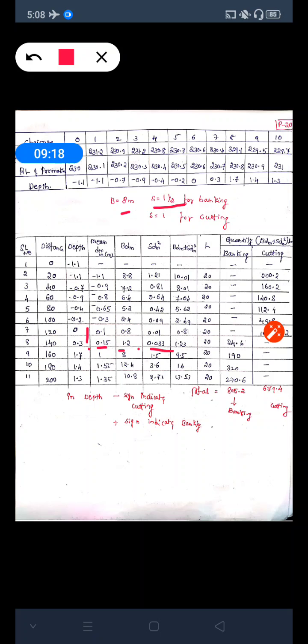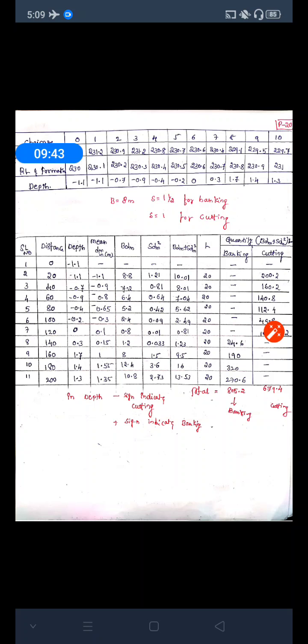So 1.5 into 0.15 square, we got 0.33. After adding 1.2 plus 0.03, we got 1.23. Then 1.23 into 20, we got 24.6.